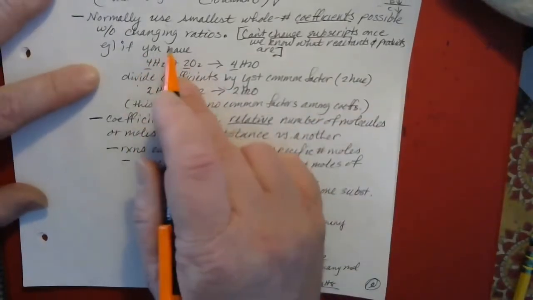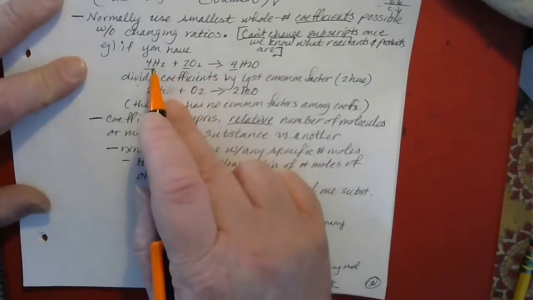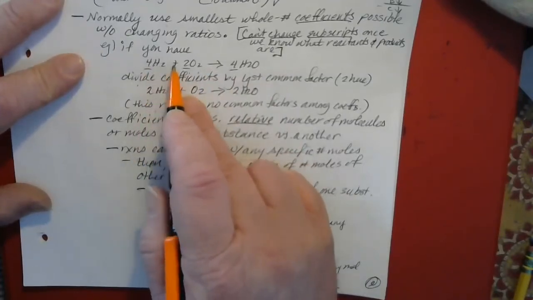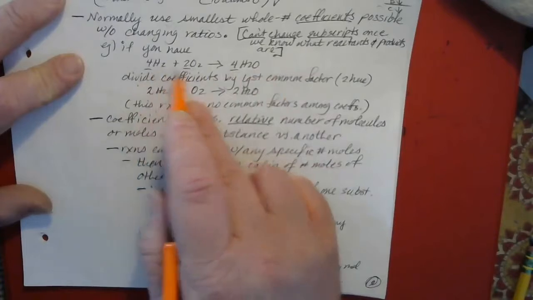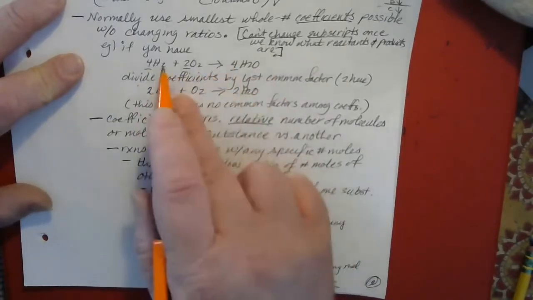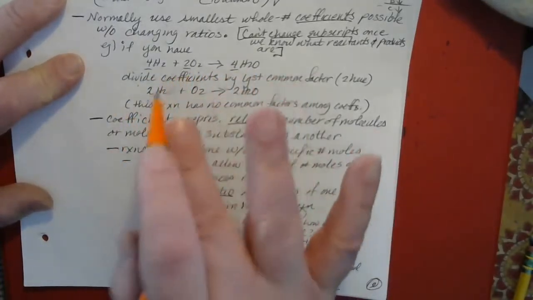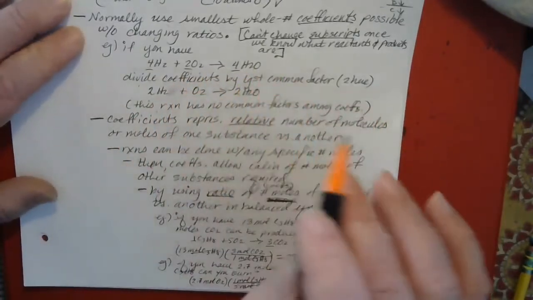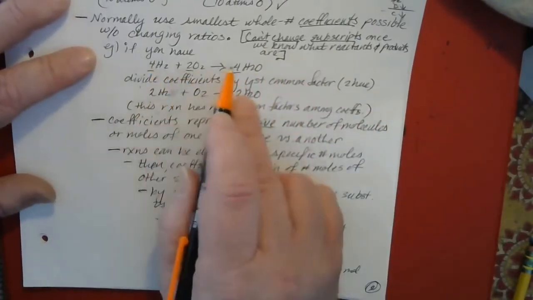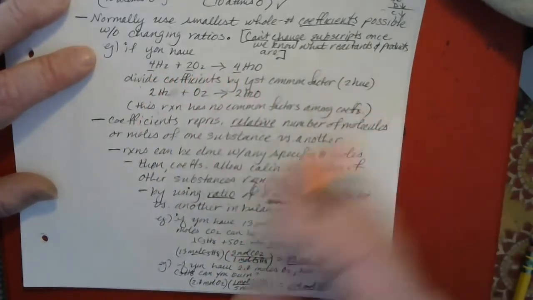And what we mean by the smallest whole number ratio is, for example, if you come out with an equation 4 H2s plus 2 O2s yield 4 H2Os, obviously, if you look at the coefficients here, they can all be divided by 2. Which means those are not the smallest possible whole numbers that will maintain the same ratios. So if all of the coefficients can be divided by the same factor, then you do that.